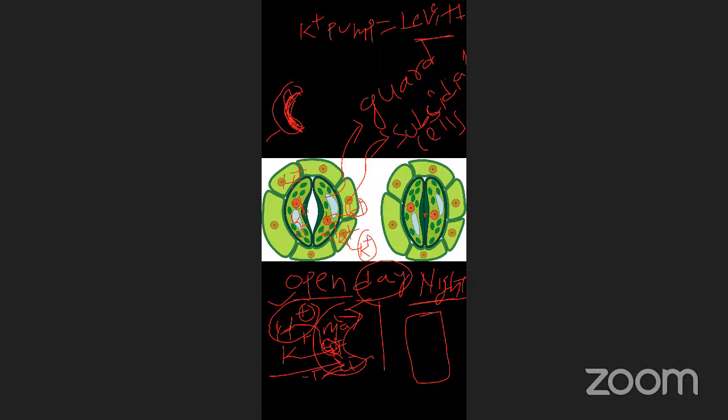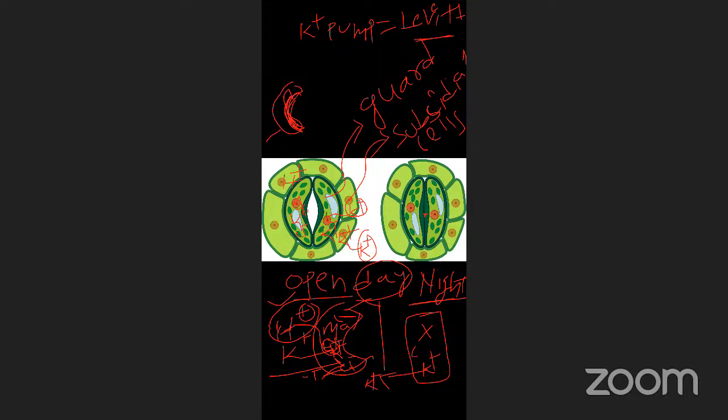No. So there is no malate anion. And also efflux, instead of influx: K plus goes out.